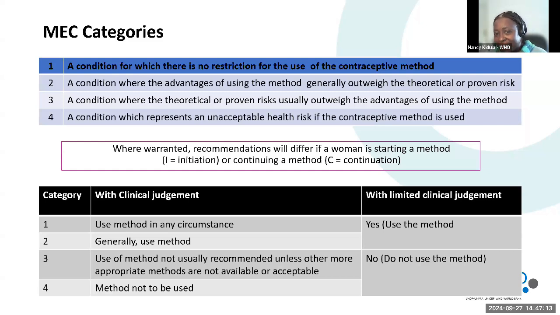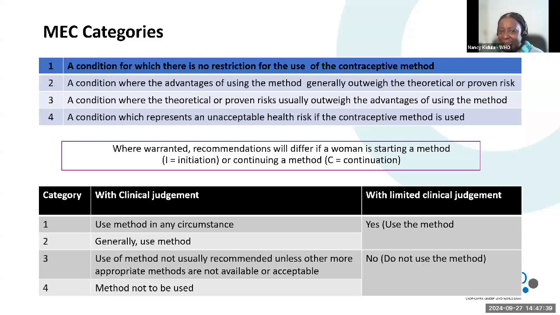To use a category 3 method requires careful clinical judgment. It requires access to clinical services for that woman, and you need to know the severity of the condition, the availability, practicality, and acceptability of alternative methods.